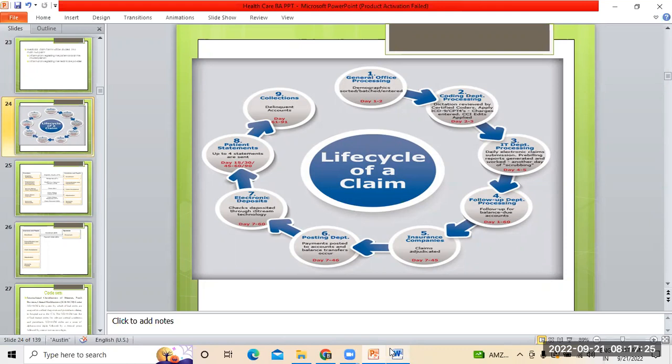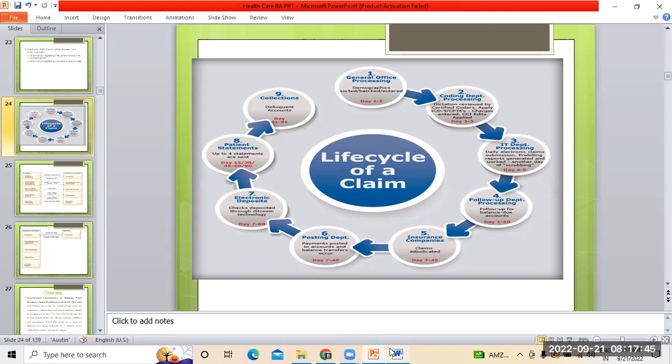So the coding department here will identify the kind of codes you are using for each transaction, and for that they have to write medical coding. This is where medical coding generally comes into the picture.